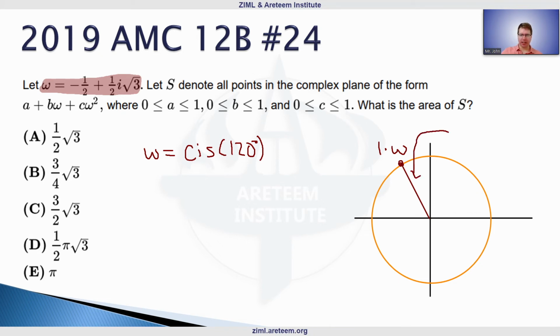I'm going to erase this in a moment, but this is all of our values b times omega. So if it's 0 times omega, we're at the origin, and then as b goes from 0 to 1, we're traveling on this line, or on this vector if you like, up to the point omega at the end. So we get all of those points along the way.